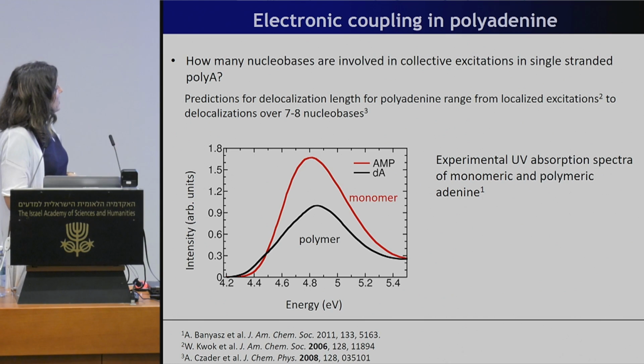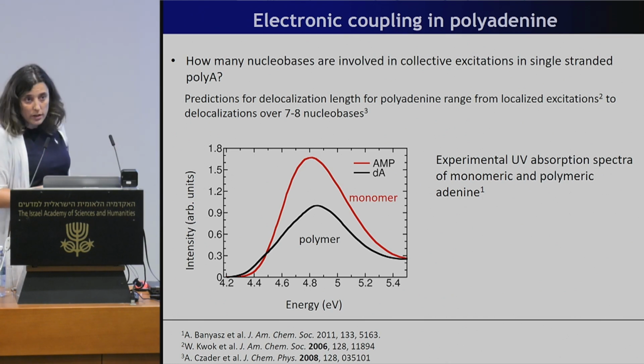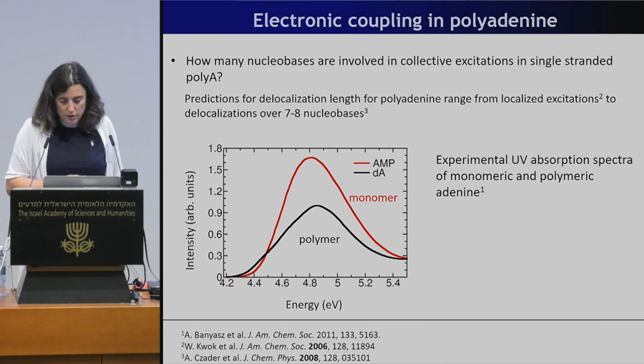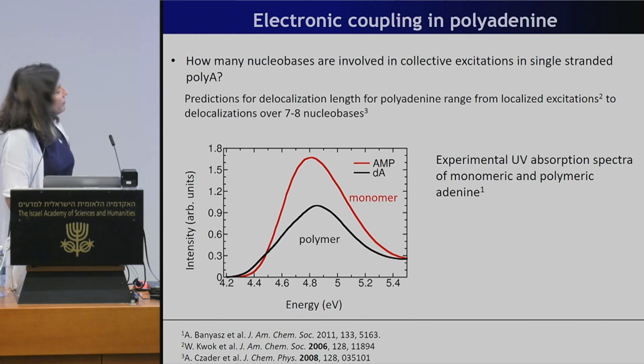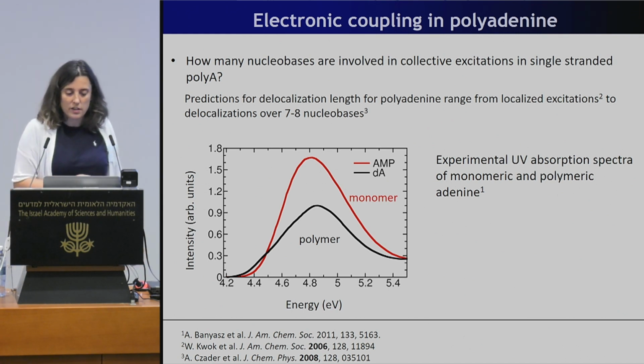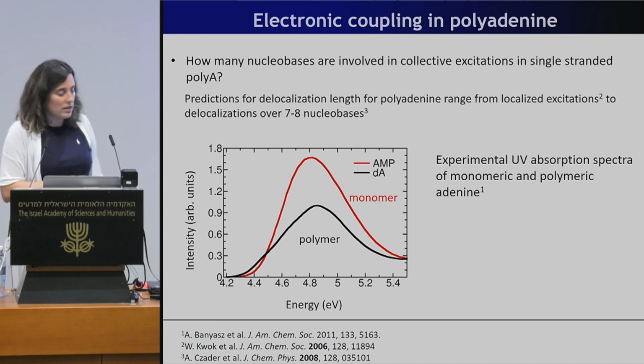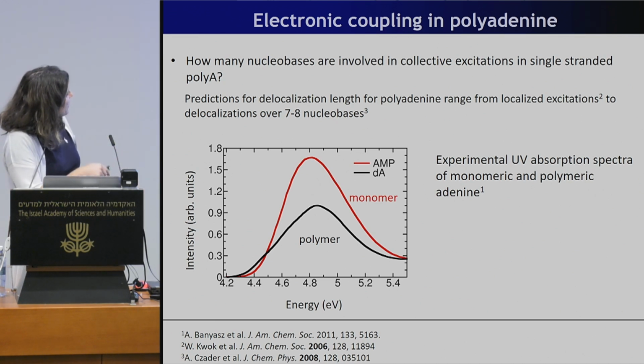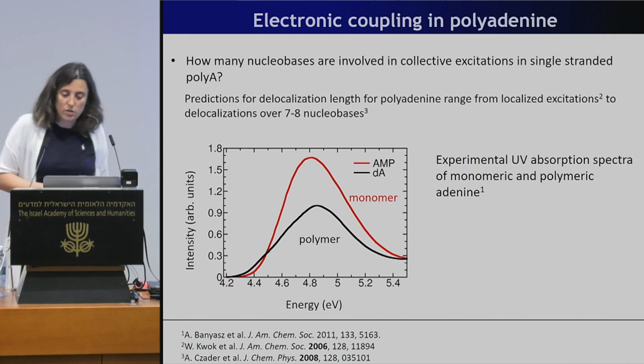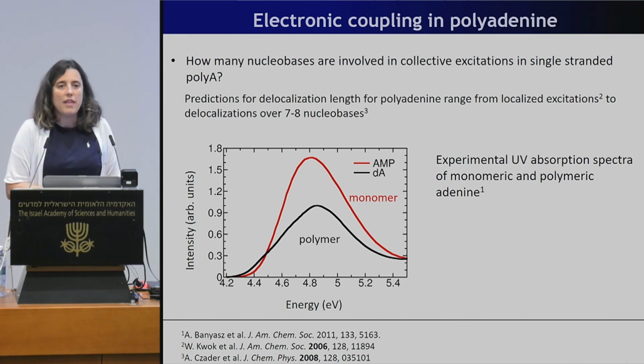In this picture you see the spectrum of the monomer, adenosine monophosphate, and the spectrum of the polymer. Based on this very strong hypochromism, people argue that the intensity is much lower, so this is a clear indication that the excitation should be very delocalized.